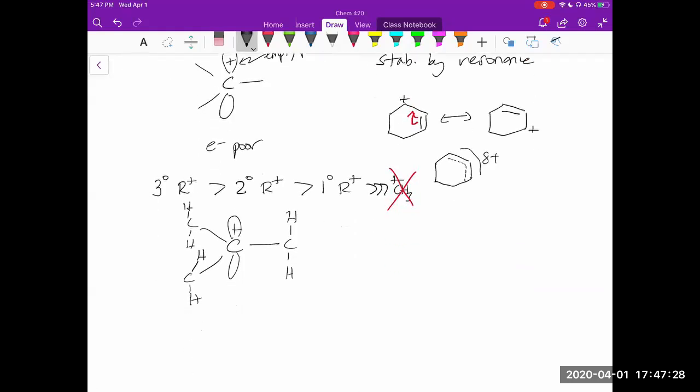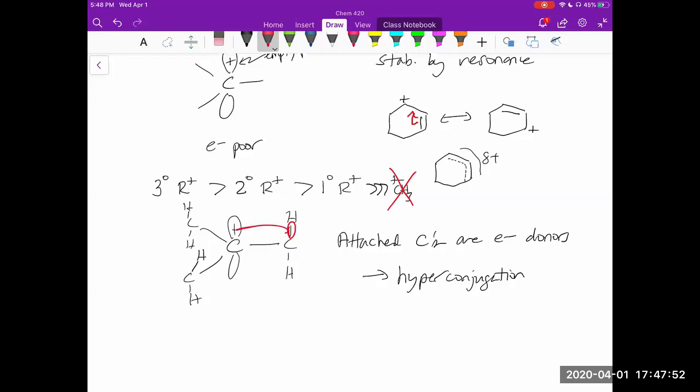The attached alkyl groups are electron donors. So attached carbons are electron donors, and it's through a process. It's a little weird. It's hyperconjugation. But it's just where the electron density in the neighboring bonds can kind of spill over and help stabilize that p orbital.